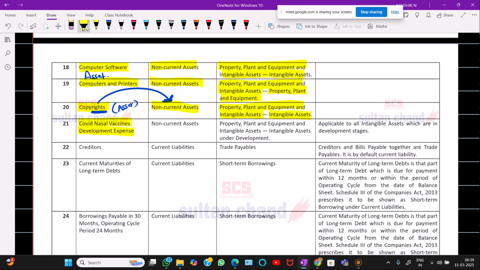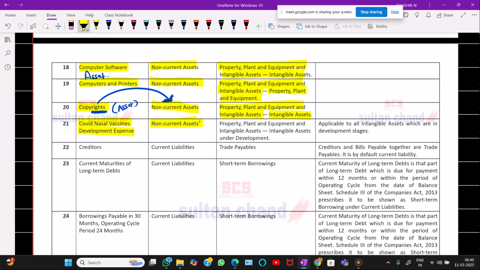The life of any individual is precious and valuable. So it is an asset, a precious one. This particular vaccine is going to act as an asset which is going to save many people's lives. That's the reason we say it is a non-current asset, because it is going to be forever.